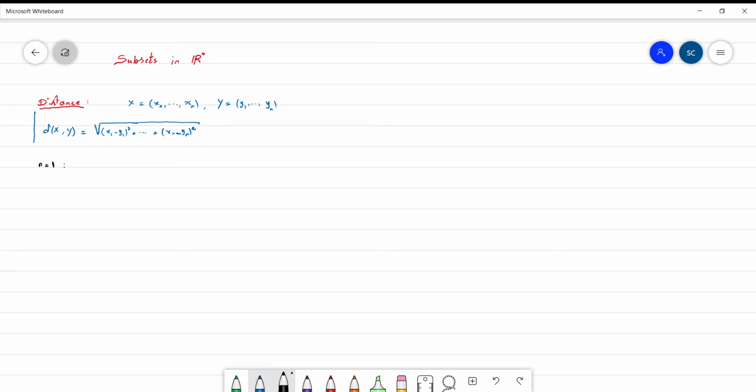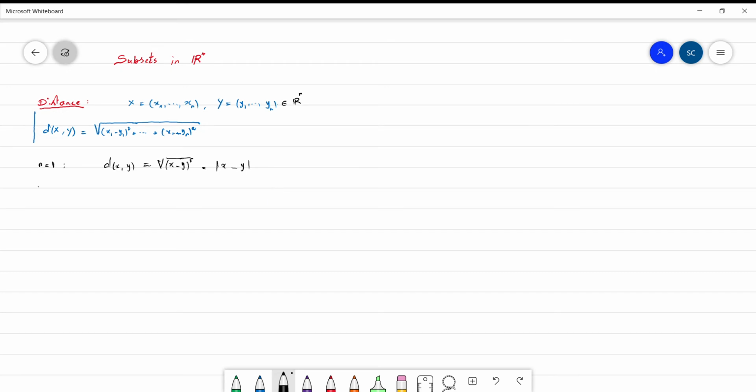If you have the distance between x and y, two real numbers, here with n equal 1, I will work in R. If I use this formula, it gives me the square root of x minus y squared, which is the absolute value of x minus y. That is the distance we know between two real numbers, controlled by the absolute value.